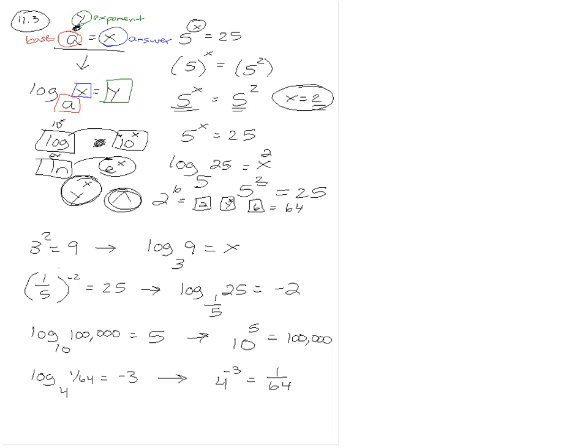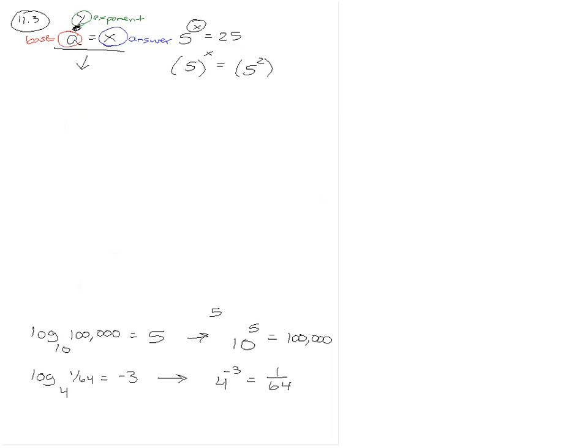So you need to be able to go back and forth. Okay? Now, with that said, let's see what we're going to do with it. Now, they're going to give you an equation.